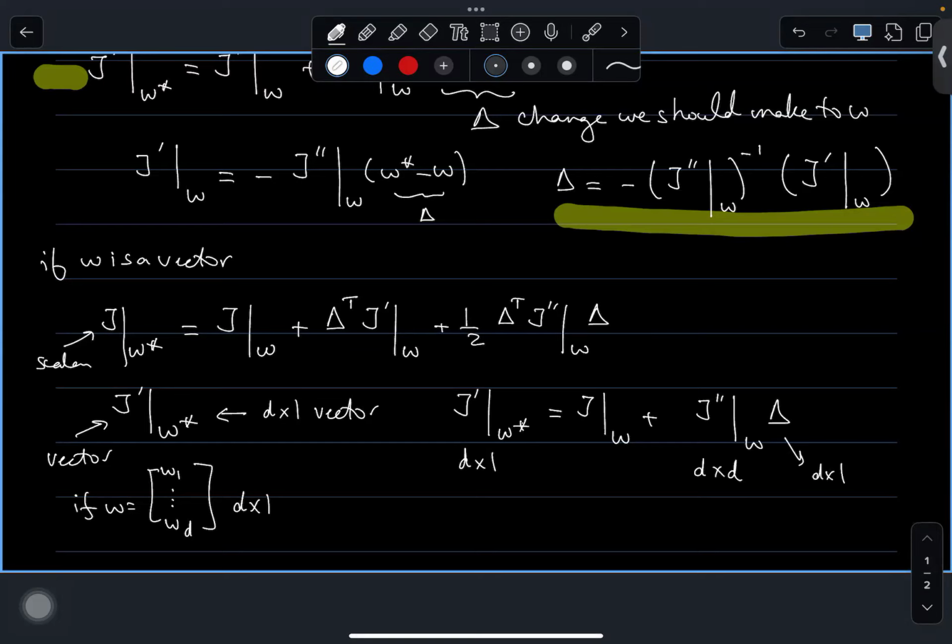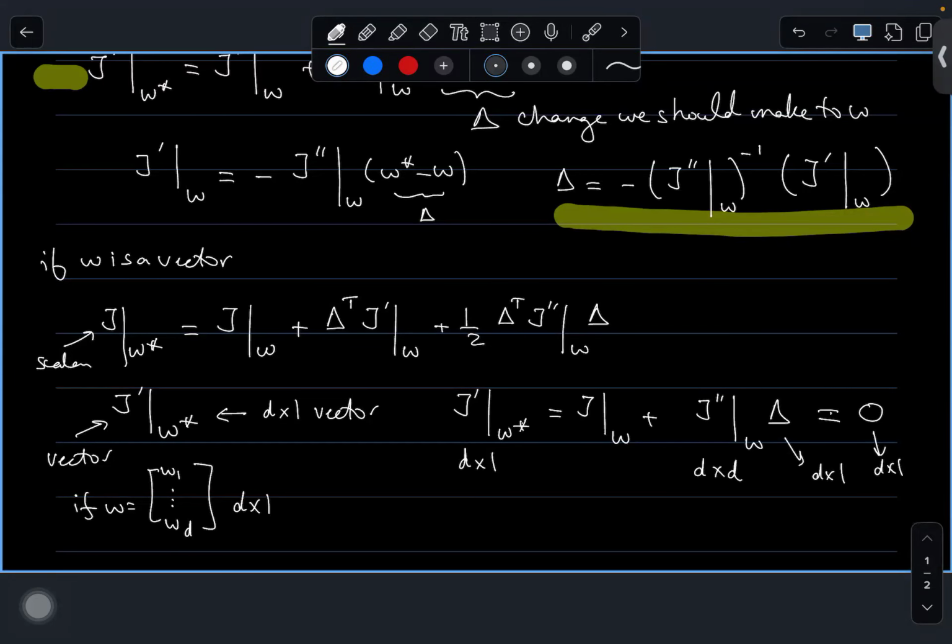Then things work out. Now this is going to be equal to 0. The first derivative at W star, I'm at the bottom of the hill, is going to be 0. This 0 means it's a D by 1 vector of zeros.